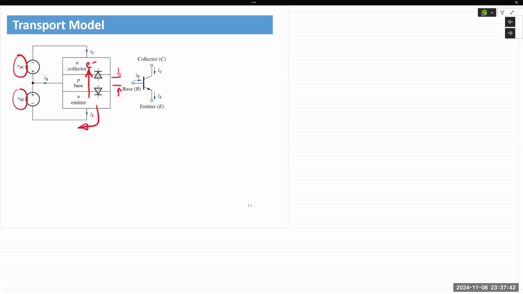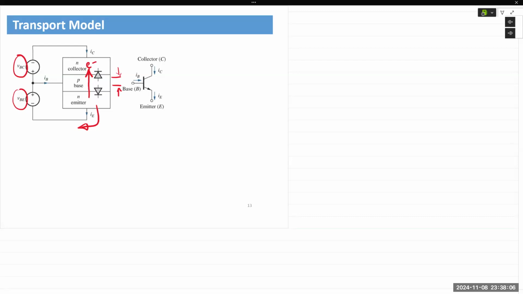Now, if both respective PN junctions for the base collector and the base emitter are forward biased, then we say both currents are positive. Okay, so as shown here, VBC and VBE are indeed forward biasing both PN junctions. So IC, IE are all termed as positive.